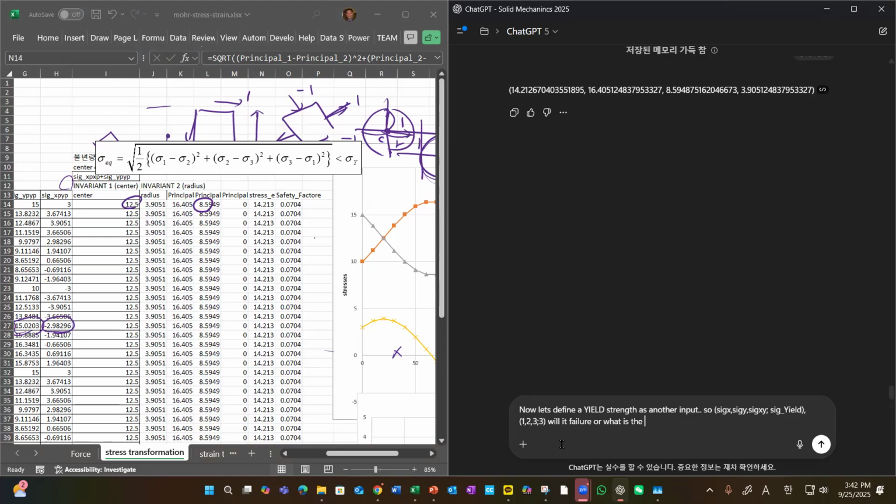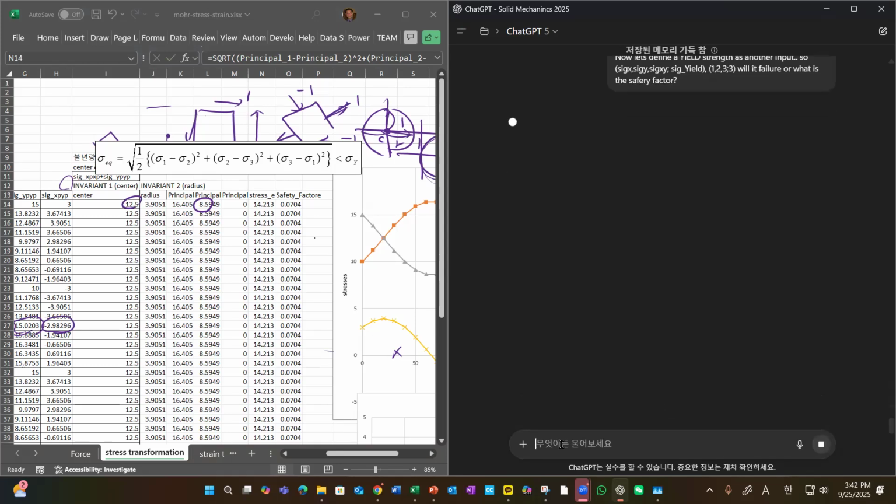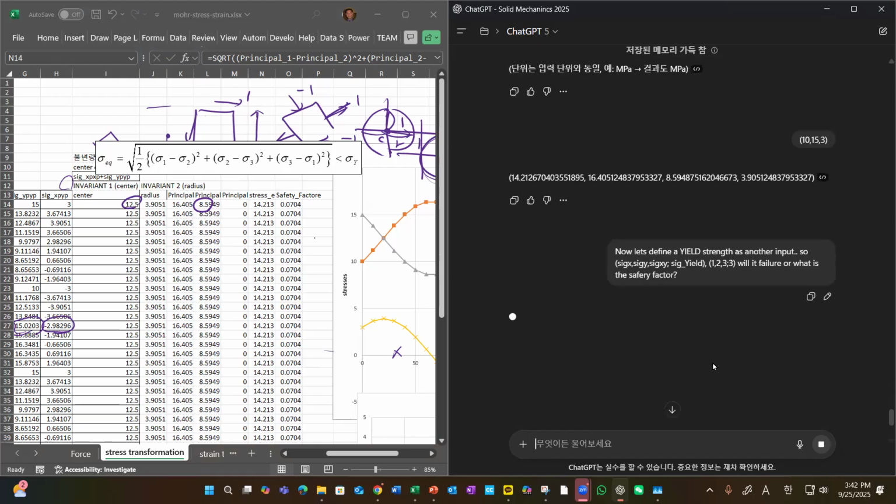What is the safe factor? Let's ask. So let's define yield strength as another input. So 1, 2, 3 and 3.